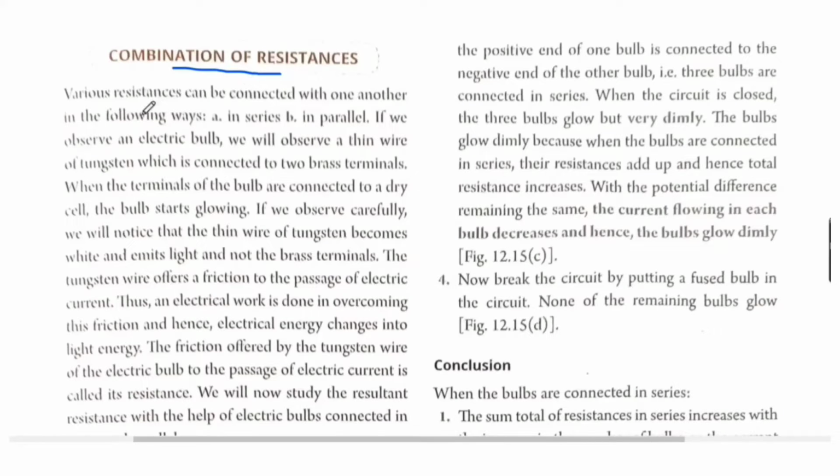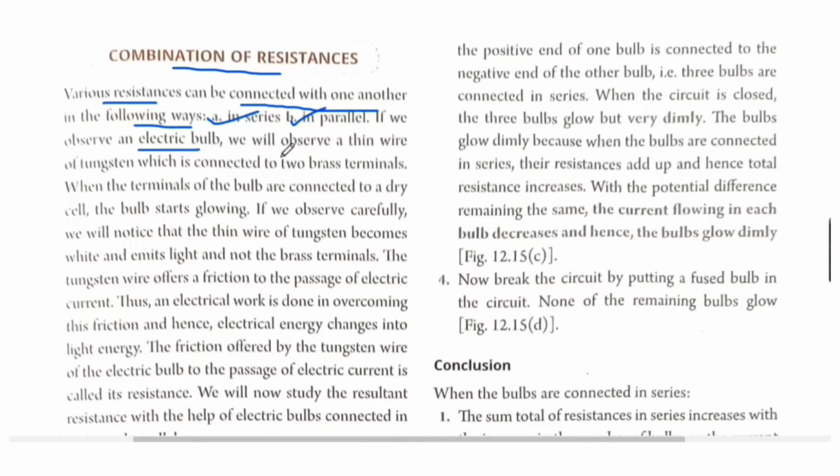Let's start. Students, various resistances or electric loads can be connected with one another in the following ways, either in series or in parallel. And here, for resistance, an electric bulb is taken.